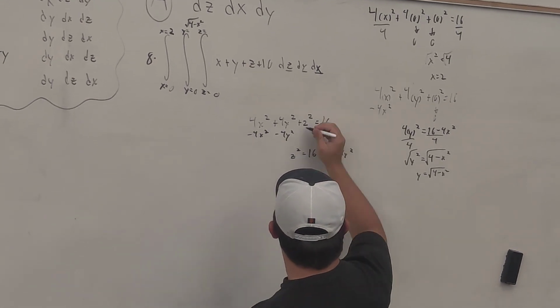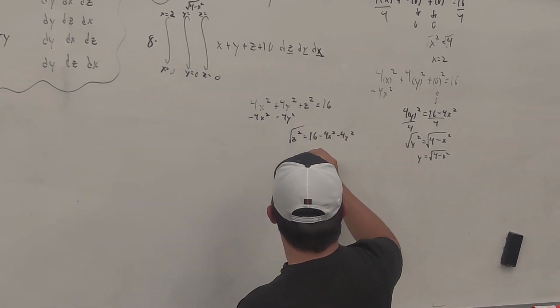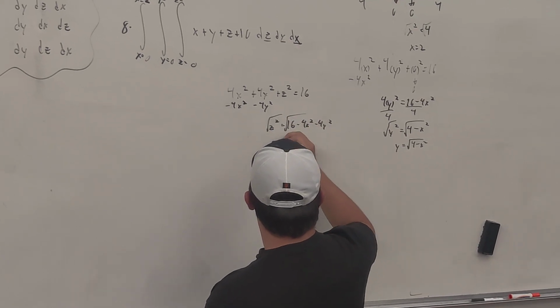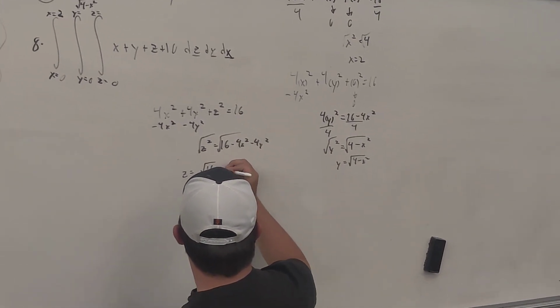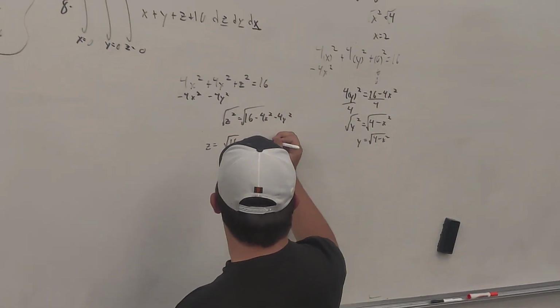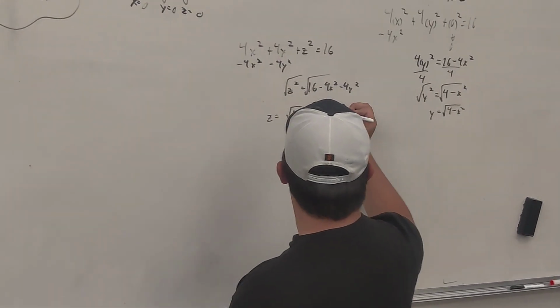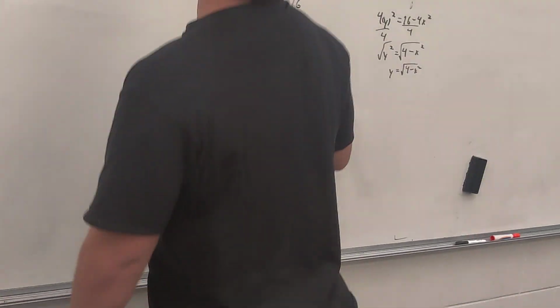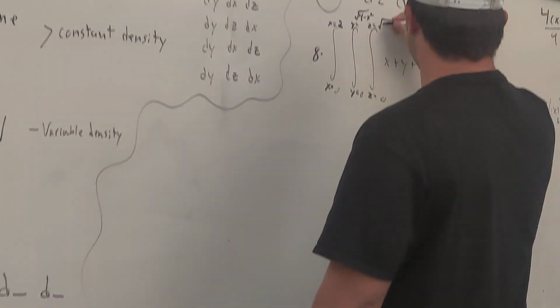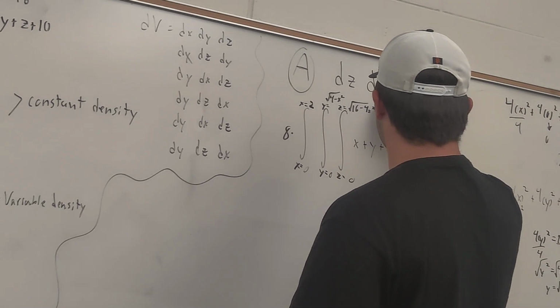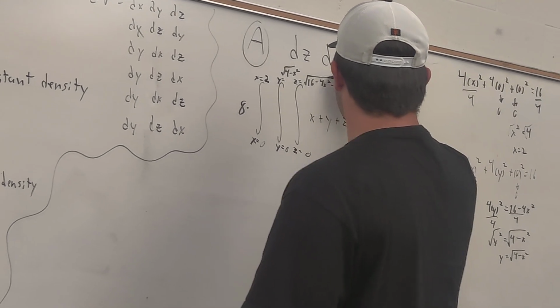Square root that, and z equals the square root of 16 minus 4x squared minus 4y squared. That's the upper limit for this one.